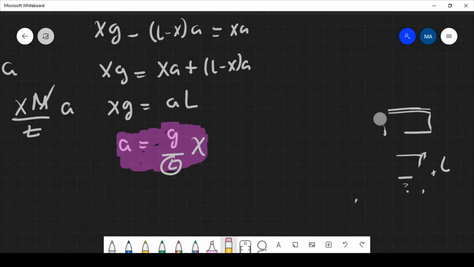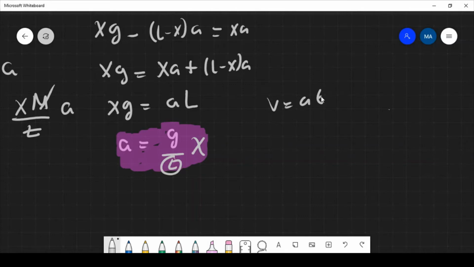So you need to understand, the expression we found didn't depend on time. We usually find velocity and acceleration depending on time, right? We usually write v equals at, things like this. But here we don't have dependence on time.